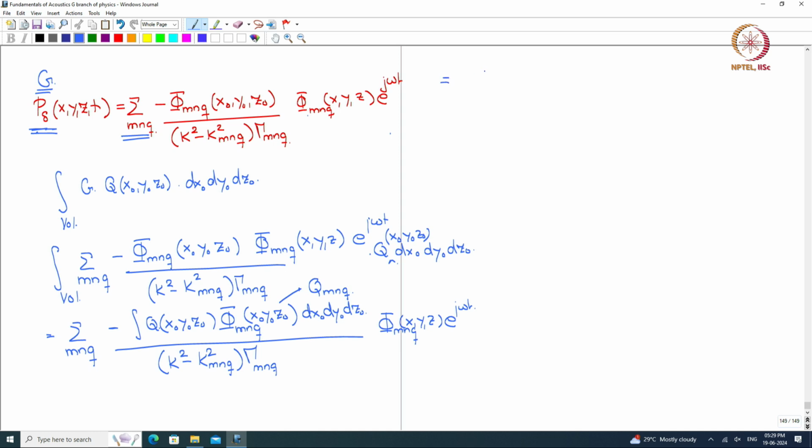I get summation over m n q minus q m n q into phi m n q of x comma y comma z e to the power of j omega t, divided by k square minus k square m n q, gamma m n q.